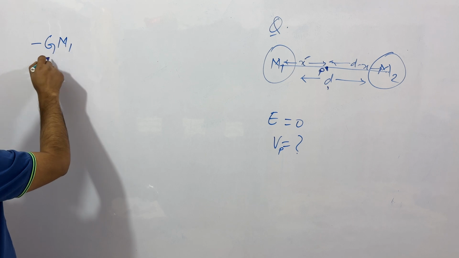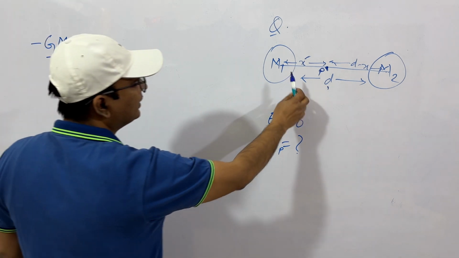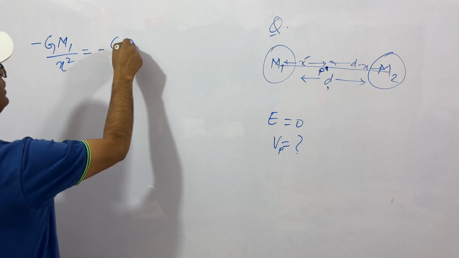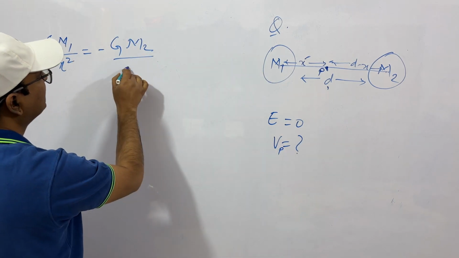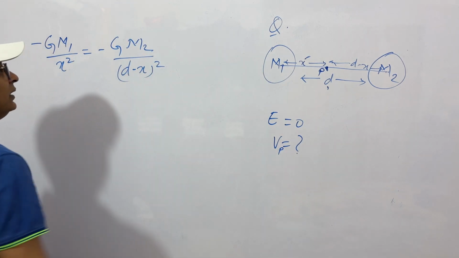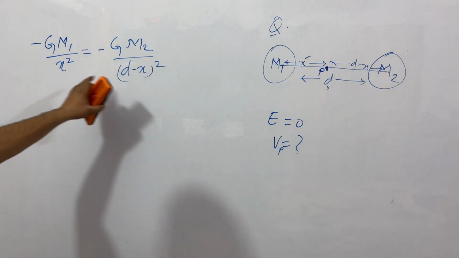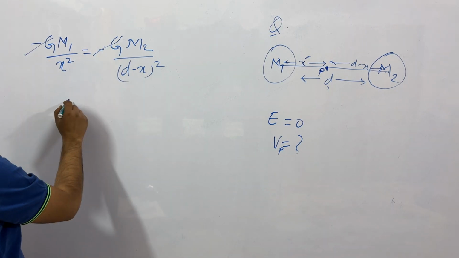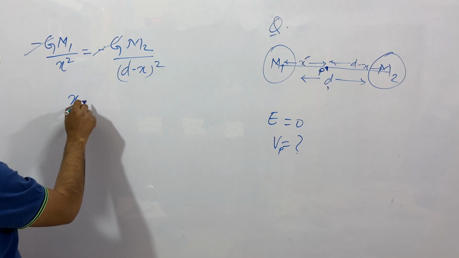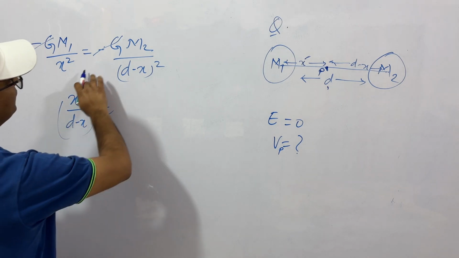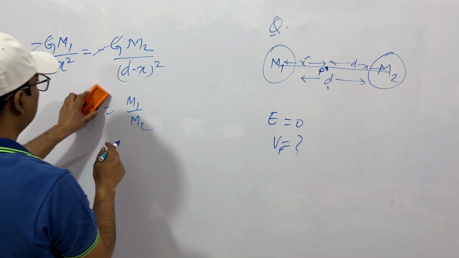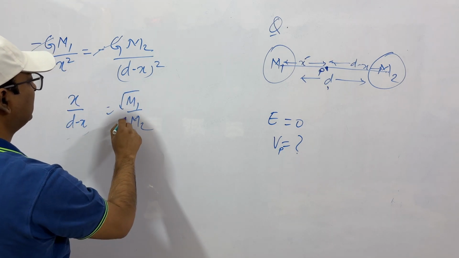What is this? G m1 by x squared. This is the gravitational field intensity at this point due to m1, and G m2 by d minus x squared. This is the gravitational field intensity due to m2. So if these two are equal, then it will be 0. So this means x by d minus x, whole squared, see this side, will be m1 by m2, or this square becomes root on this side.